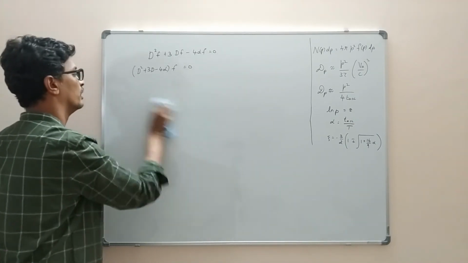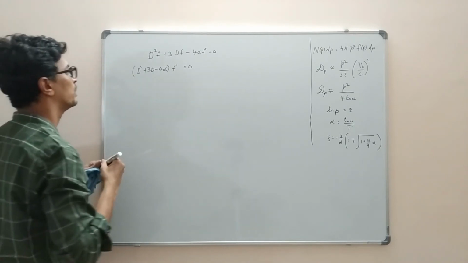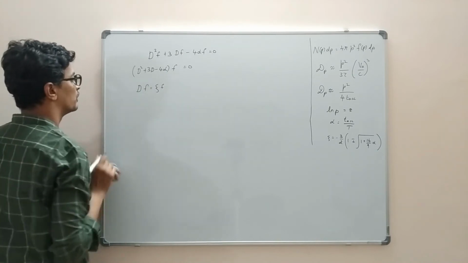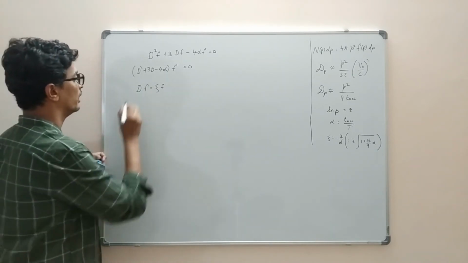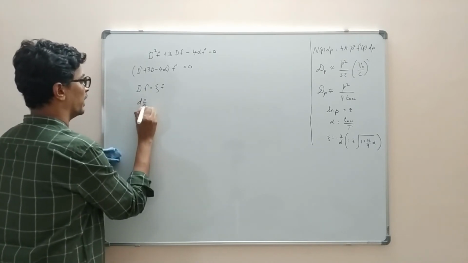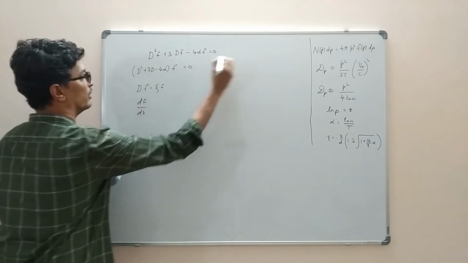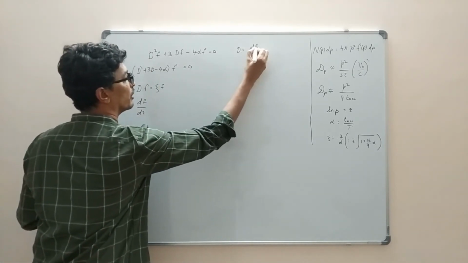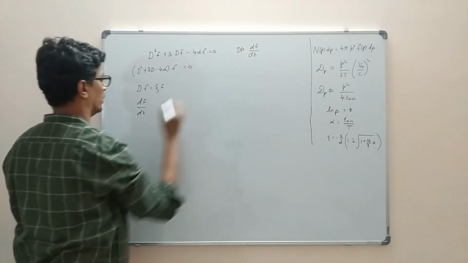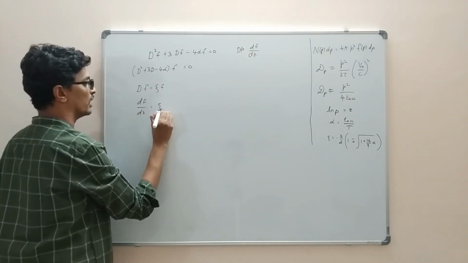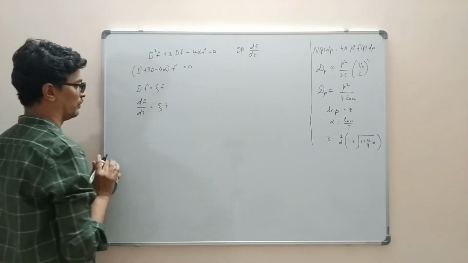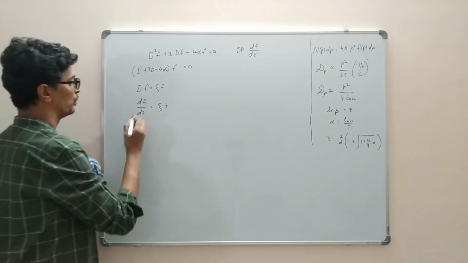Therefore d of f is equal to chi of f. And d is equal to df by dz. If you remember, df by f is equal to chi dz.